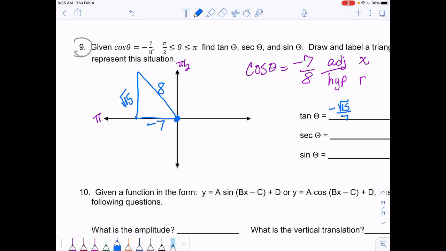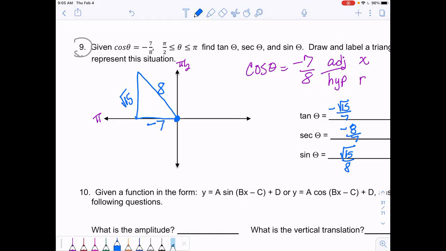The secant is the reciprocal of cosine. And then the sine is the opposite over the hypotenuse. So root 15 over 8. Any questions on that? So those are the ones that I saw on the homework.